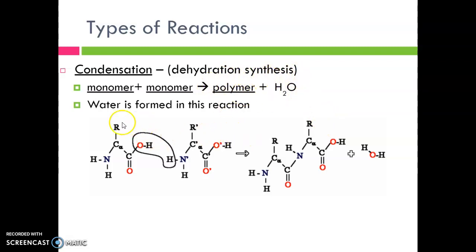If you take a small molecule plus another small molecule, you get a bigger molecule, so that's the synthesis, and water is released, dehydration. Dehydration synthesis and condensation are the same thing. You can use those interchangeably. Water is always formed in this kind of reaction.